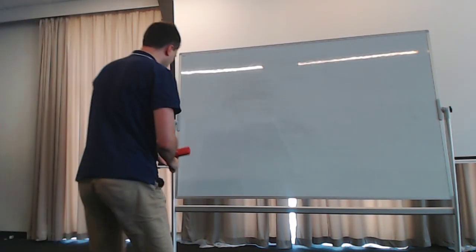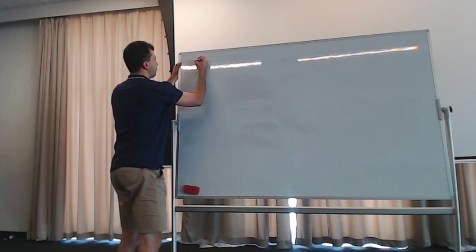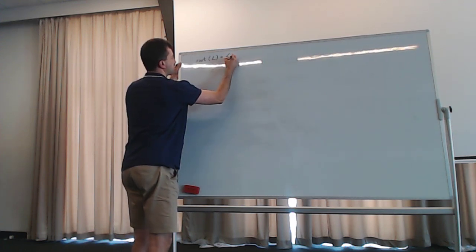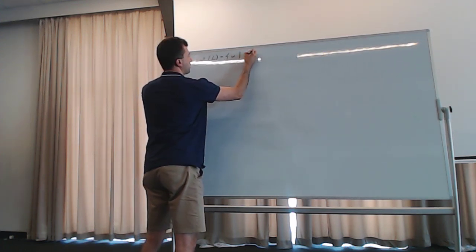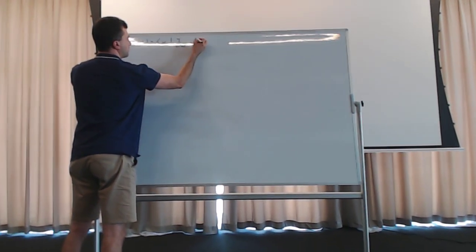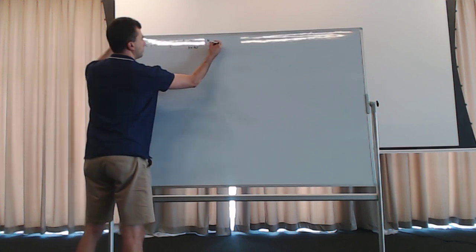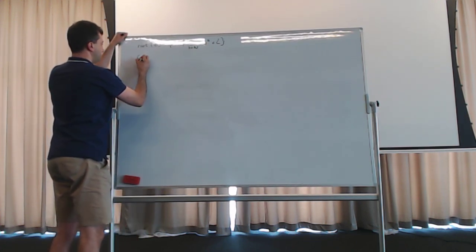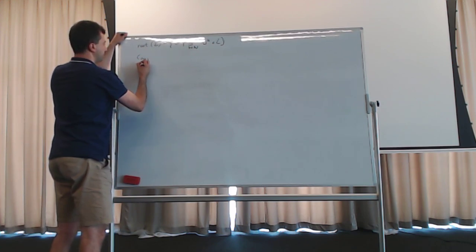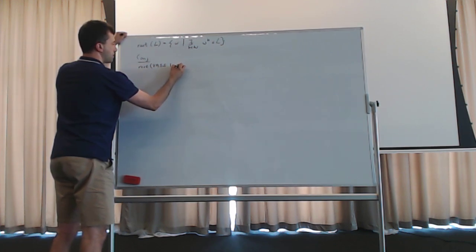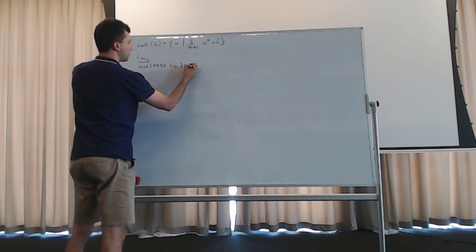Just to recall very briefly, the root of a language L is the set of words w such that there exists some number k such that the k-fold repetition of w is in the language L. My conjecture from yesterday was that the root of a vast reachability language is a vast reachability language.